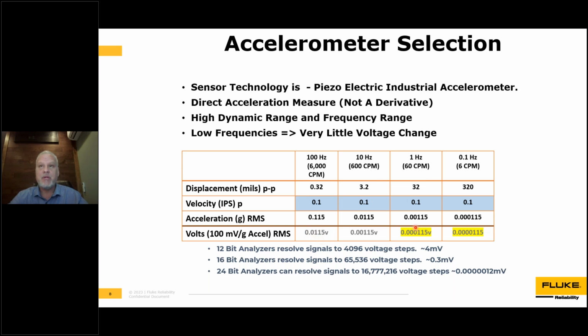As an example, at 60 RPM, a 60 RPM shaft, to have that same level of vibration in the spectra is going to be 0.000115 volts. And so on. As we get even slower, that voltage steps down. You can see it's a linear relationship, but you get to a very small voltage.